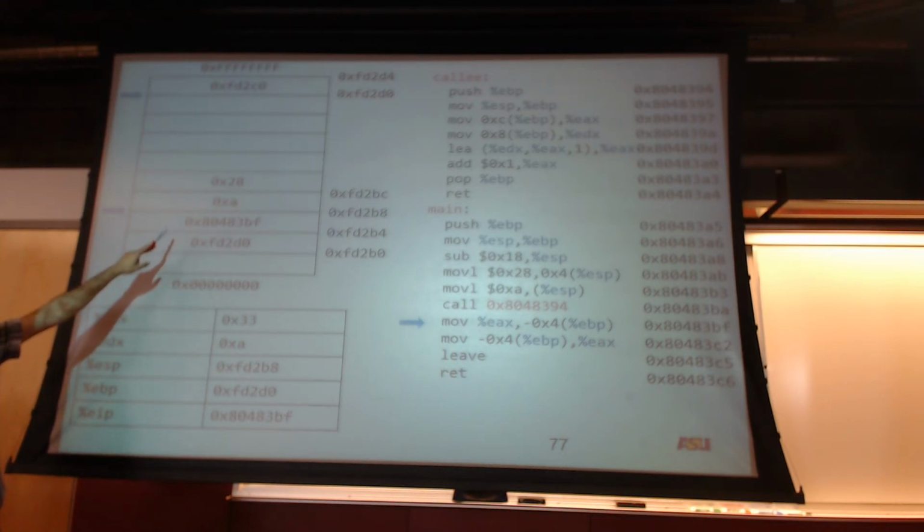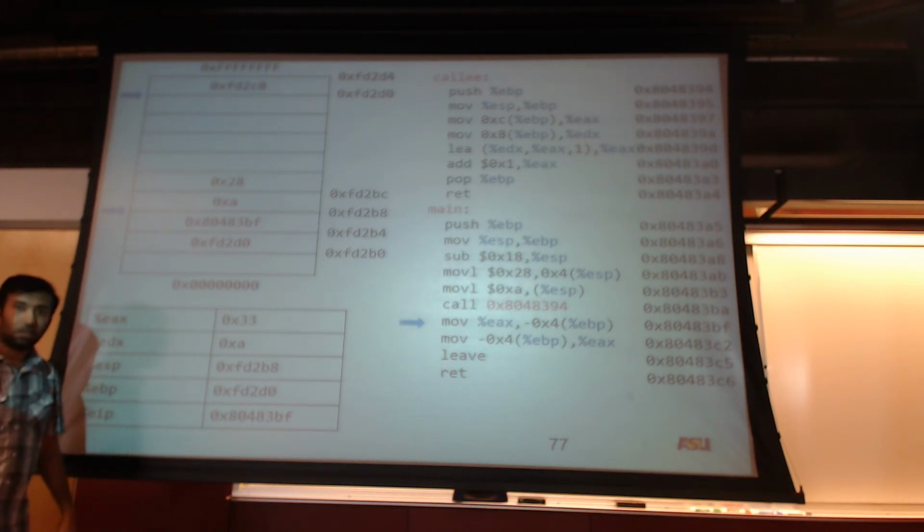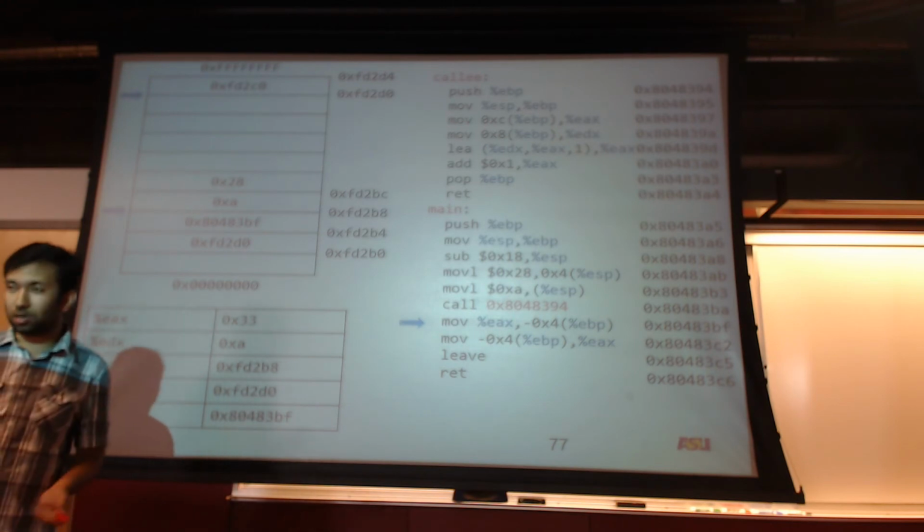So the stack came back to what it was before calling. By using that return, we have reversed whatever we did before we called. So our stack now is the same thing, but what has changed? The return value is in EAX.